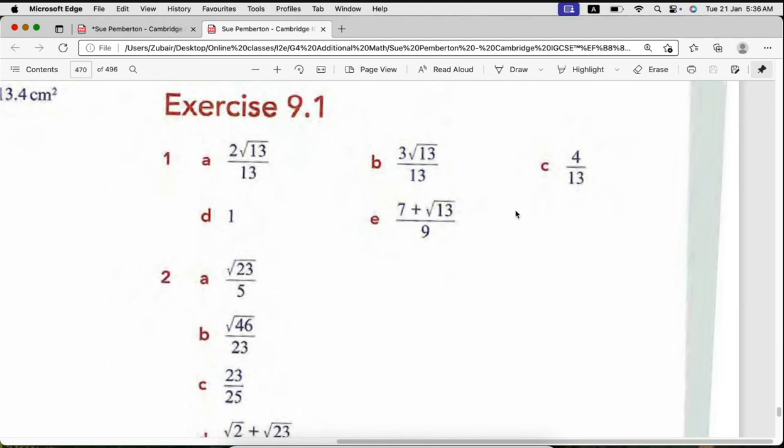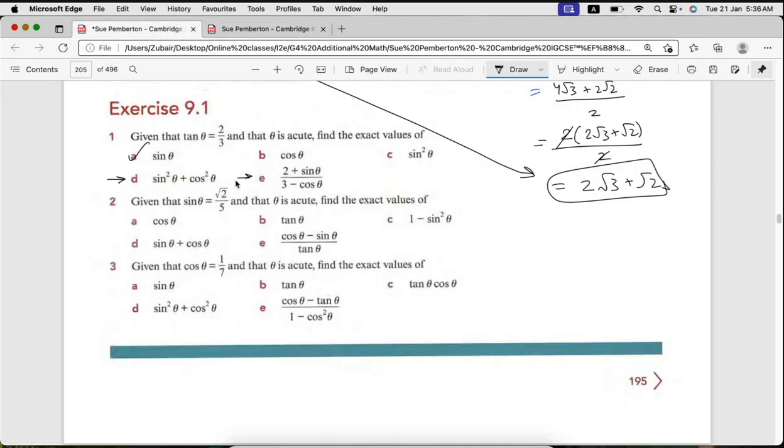I don't get D part. Everything else is correct, but in D part I'm getting 5 by 13. Okay, D part. Tan of theta is opposite over adjacent, and applying Pythagoras theorem the hypotenuse is square root 13. This is sine square plus cos square.